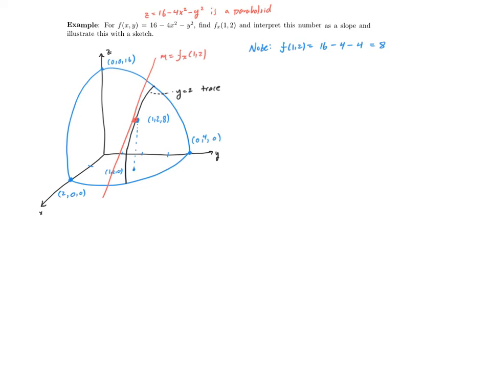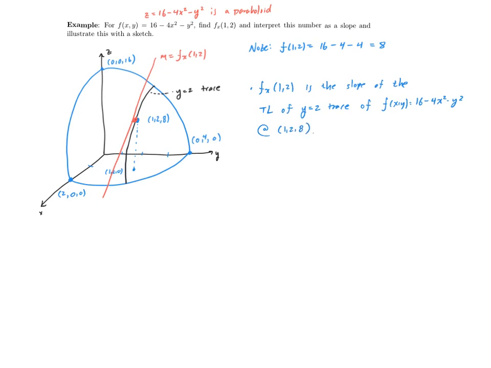In words, we can interpret the partial of f with respect to x at (1, 2) as the slope of the tangent line of the y equals 2 trace of our function f, and I'm going to be as specific as possible and write it down, at the point (1, 2, 8).